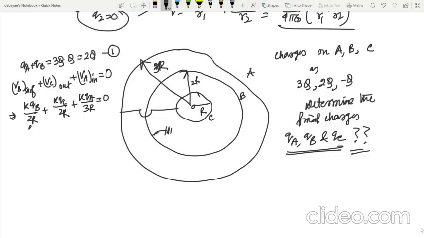So you will get three equations, there are three unknowns, and if you solve it, then you will get QC is equal to Q by 2, QA is equal to 3Q by 2, and QB is equal to minus 3Q by 2.